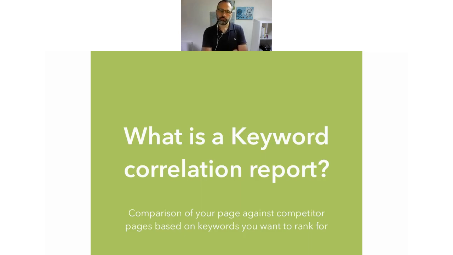So in this case, yes, more content done in a strategic fashion, but my advice would be, have a look at the overall health of the site via an audit, and also look at a keyword correlation report to see what keywords people are actually typing in, and where potentially the large volume keywords are that they're not optimized for at the moment.